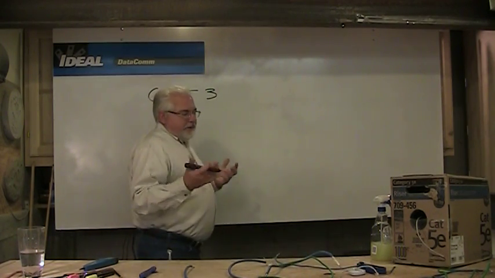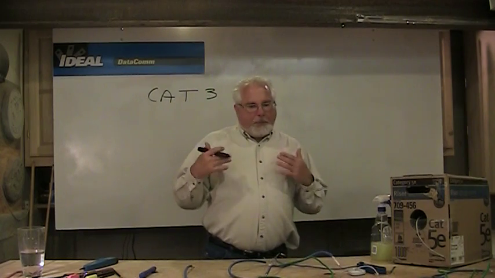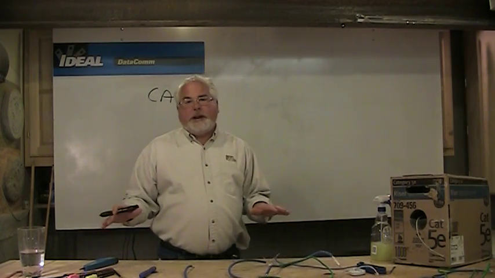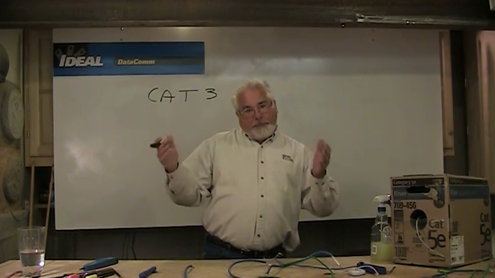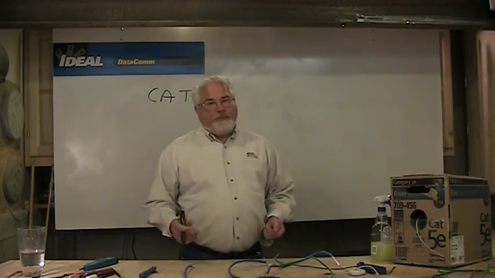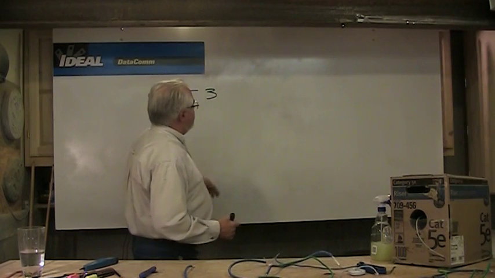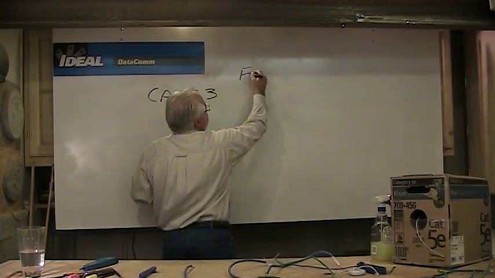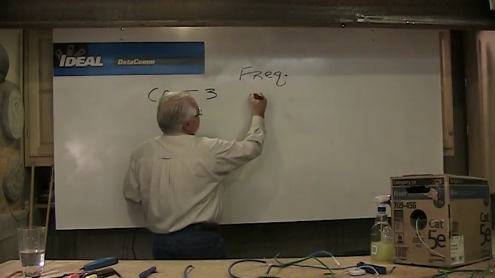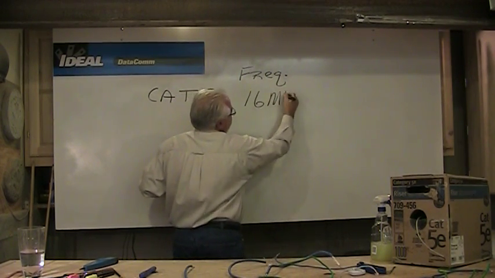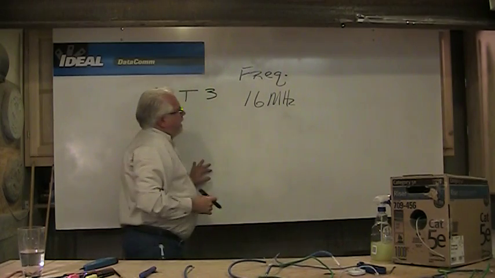And when we measure these wires, we measure them for a couple basic things, and one is the frequency range of the cable. Now, this is the size of the pipe, and the bigger this pipe, the more information we can pass through it. But Cat3 had a frequency range for that system of 16 megahertz.